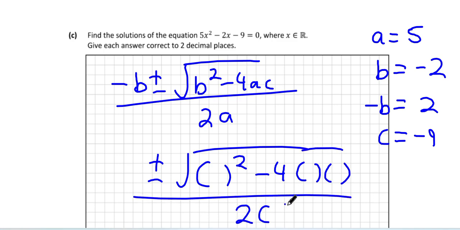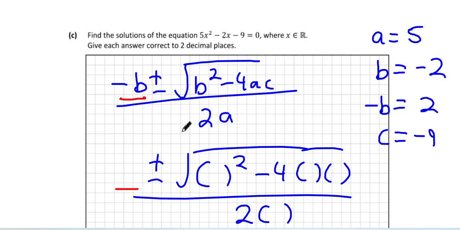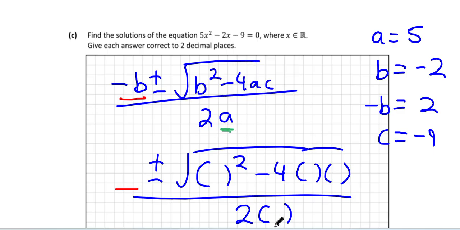Wait, the A. If you look at the equation above, yeah, minus B goes here, and then A goes here. Minus B goes at the start, so you see the way I'm underlining it with color? The A's go here and here.